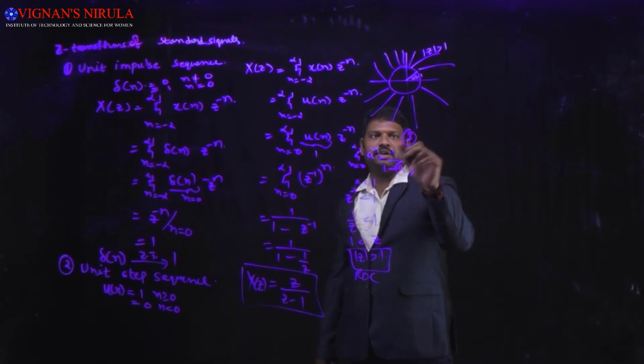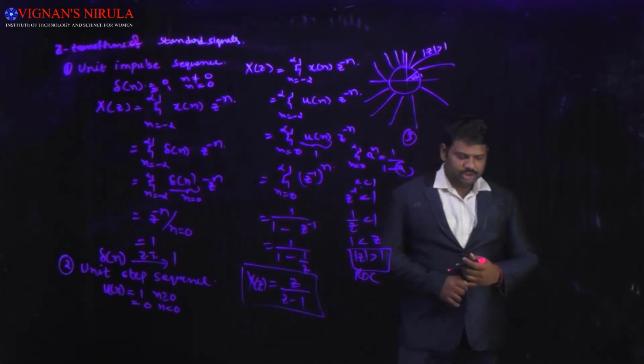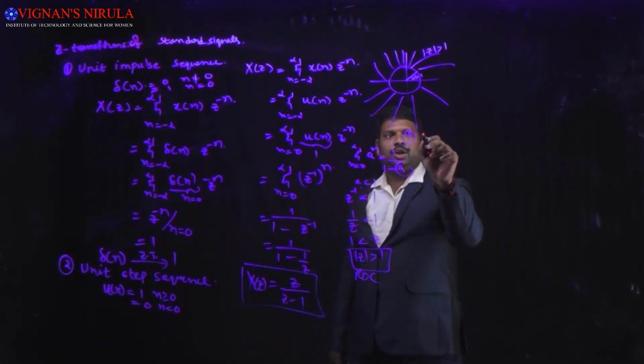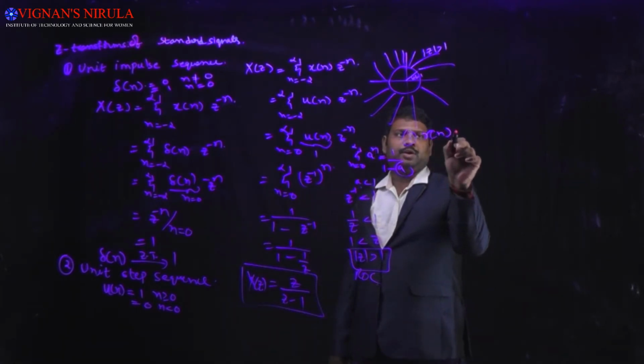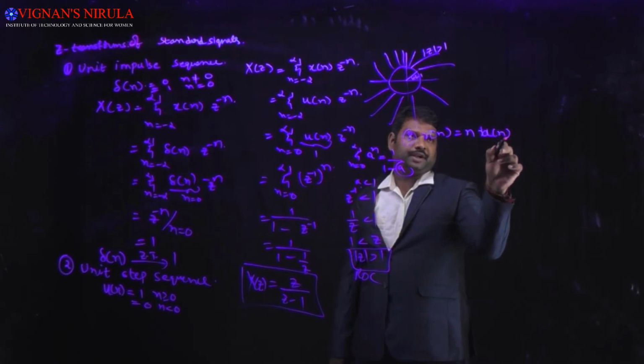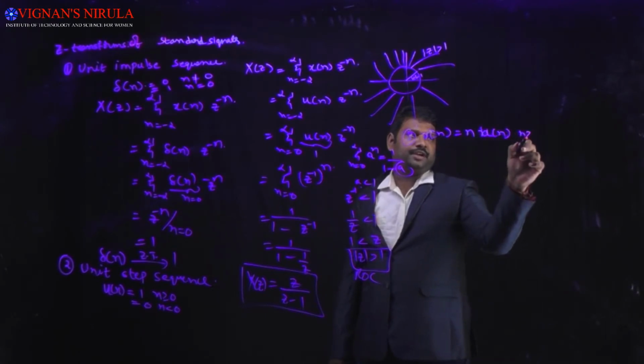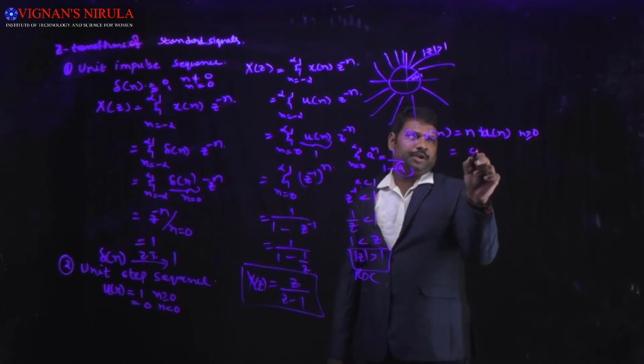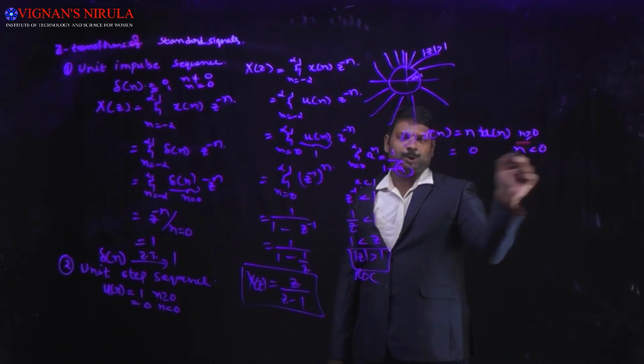And the third one is the ramp signal r of n, which is given as n into u of n for n greater than or equal to 0, and 0 for n less than 0.